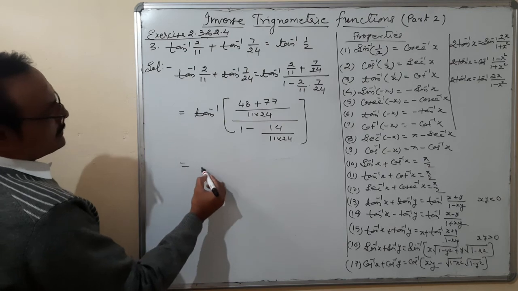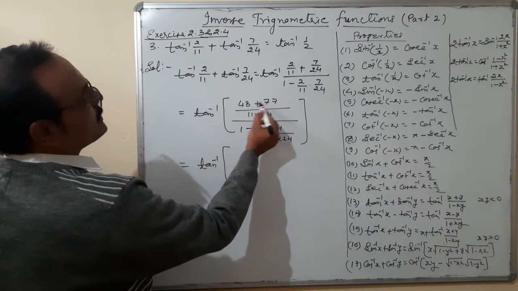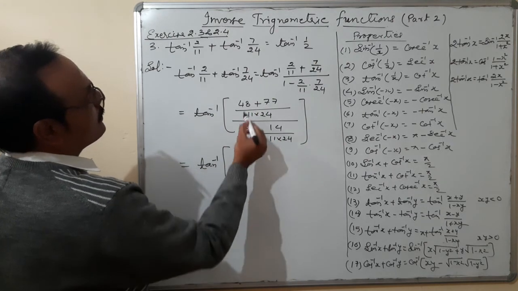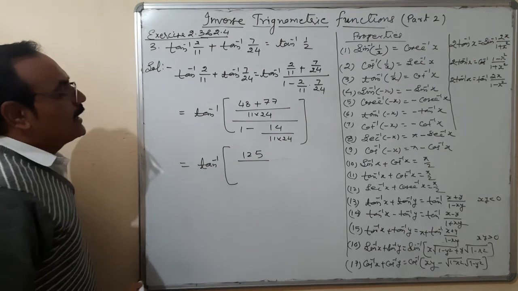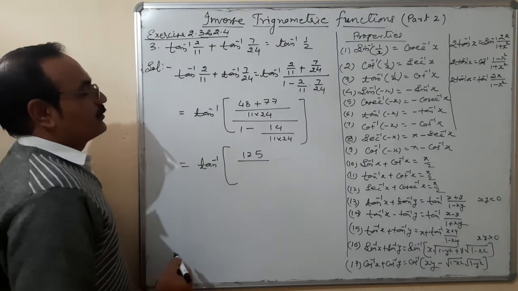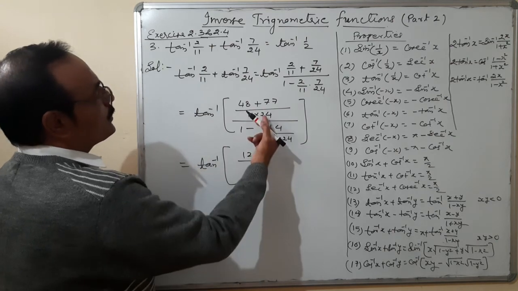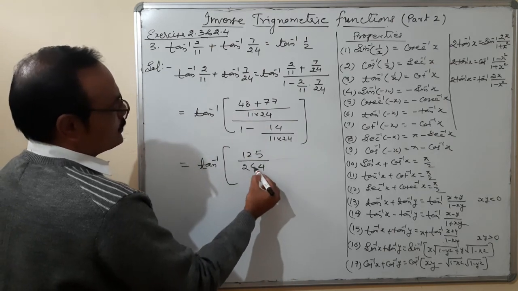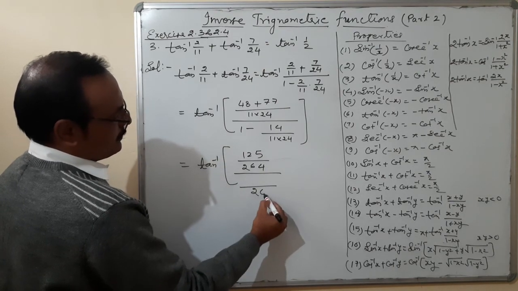Okay. Next step, tan inverse 48 plus 77 is 125 upon 11 multiplied by 24. Okay. So 24 times 11 is 264, upon LCM 264.